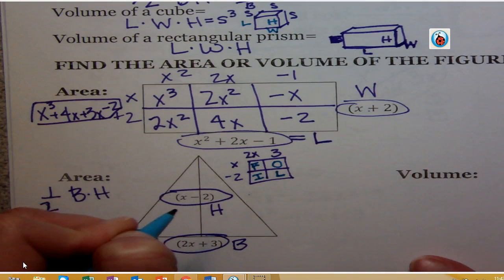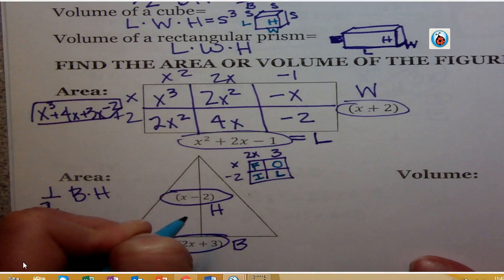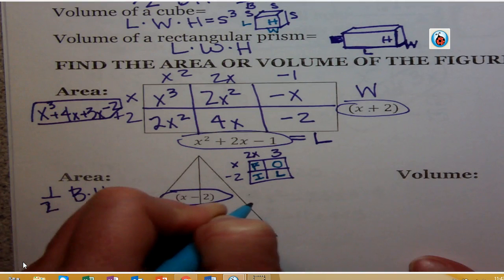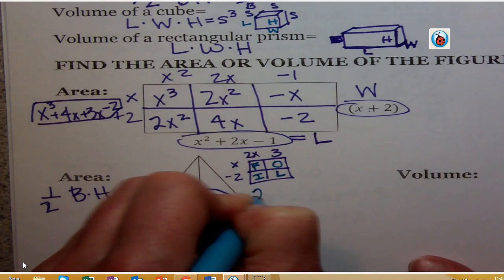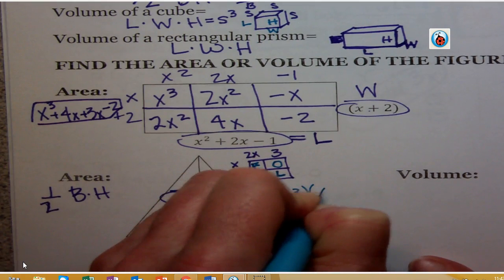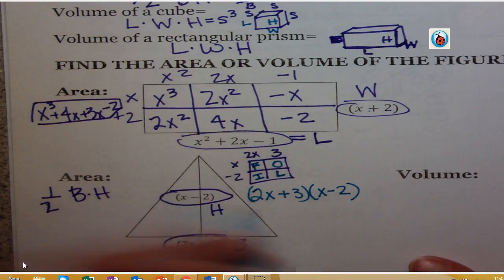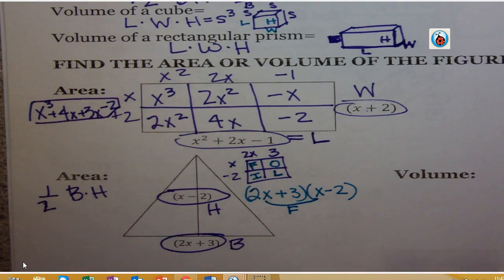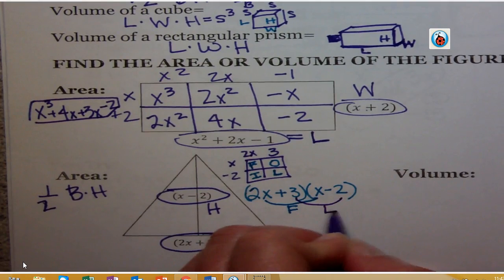If you have your 2x plus 3 and x minus 2, there's your first term. Here's your last term.